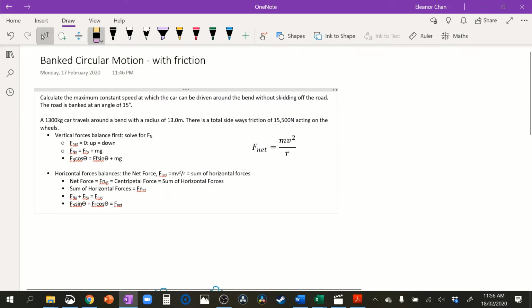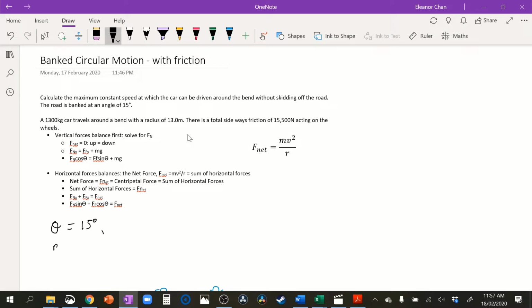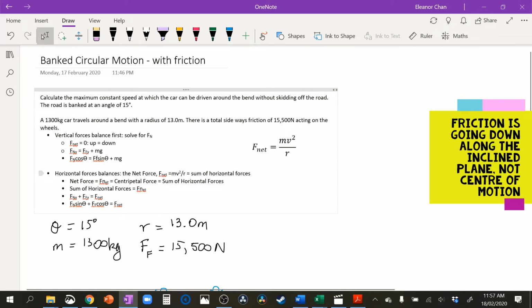But before we even do that, we need to write down that theta, our angle, is 15 degrees, our mass of the car is 1,300 kilograms, and we've got a radius of 13.0 meters. And our friction, I'm making a capital F with a subscript f, is 15,500 newtons. We're going to assume it's towards the center of motion.